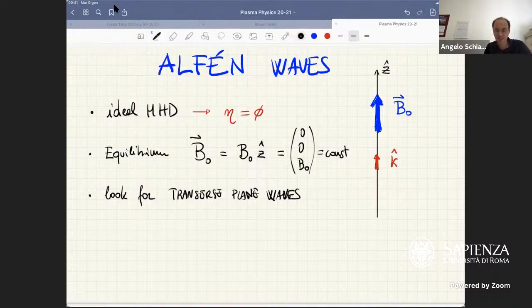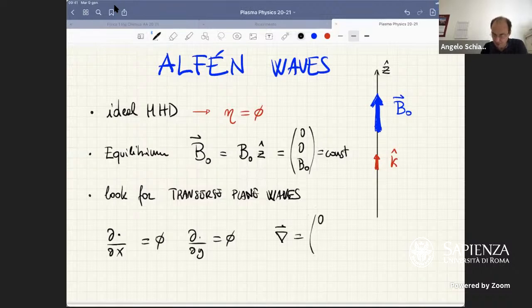This can be represented by saying that the partial differential operator along x is 0, and the partial differential operator along y is 0. So our nabla operator in this condition will be (0, 0, ∂z).